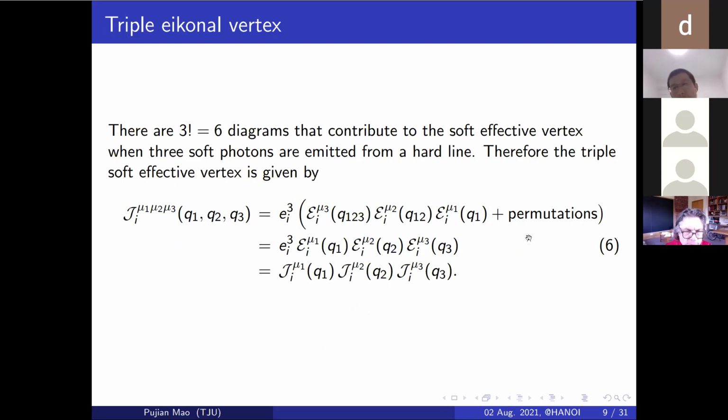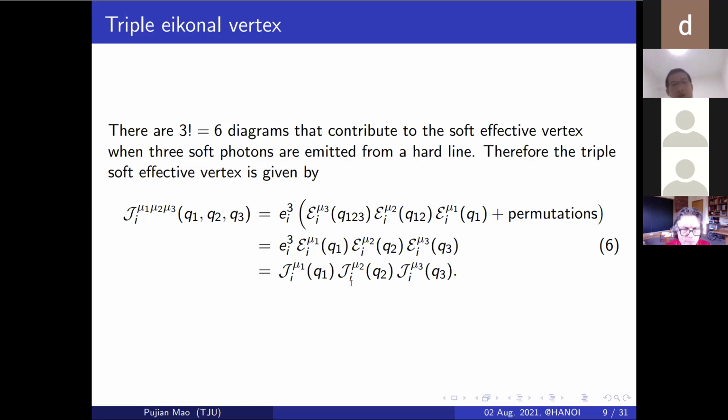Also, you can simplify the computation with the double soft results. You will get the triple soft effective vertex, and interestingly, again, it's a product of 3 single vertices.